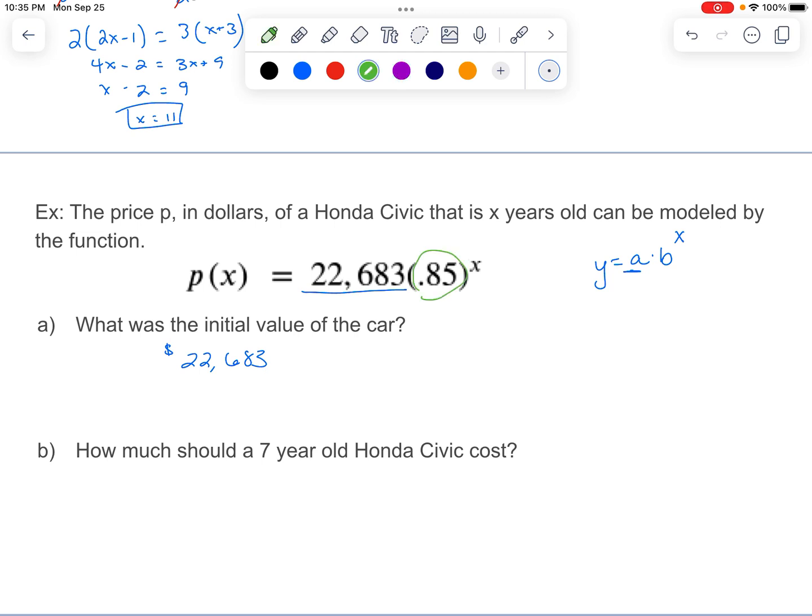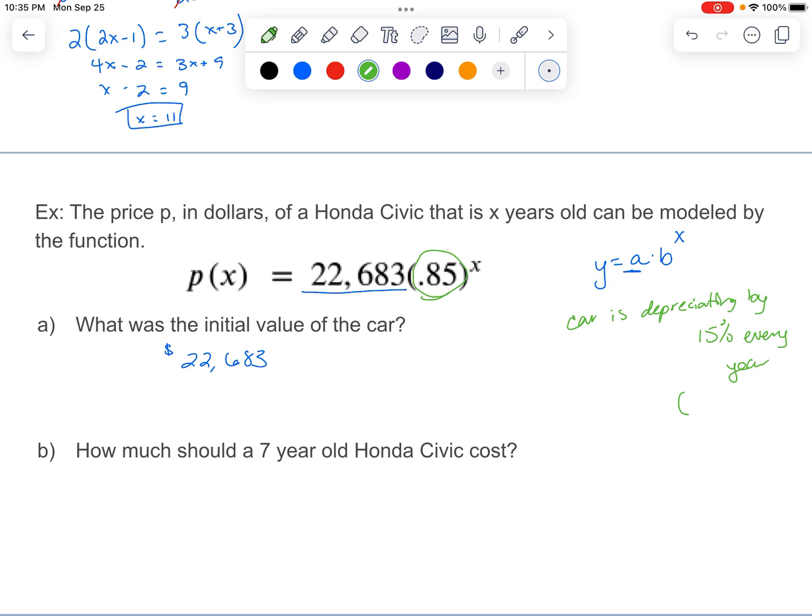So thinking about the rest of the equation, the 85, that's representing how much your car is depreciating. So thinking about this, the car is depreciating by 15% every year. Now you're probably asking, how did you get 15?